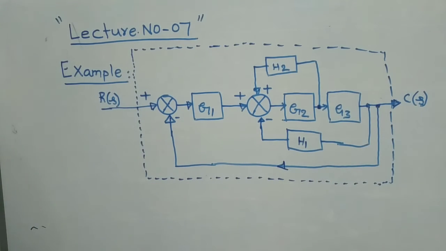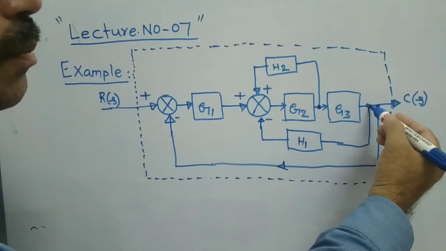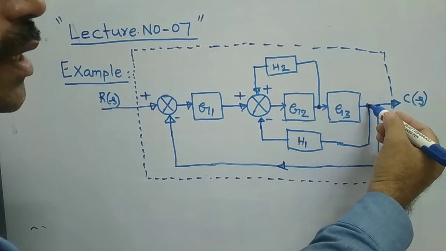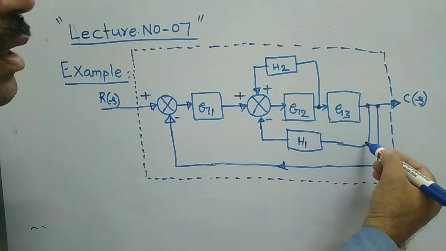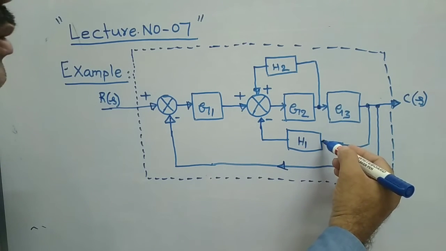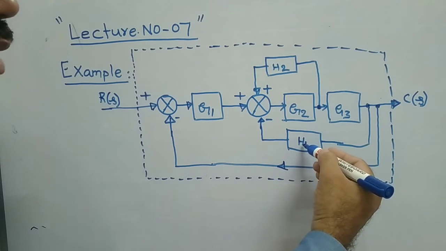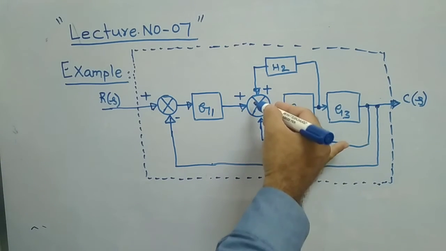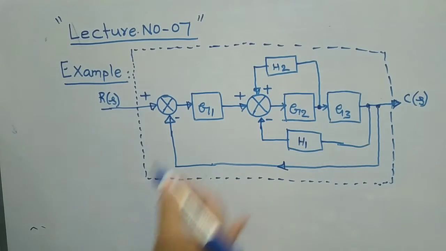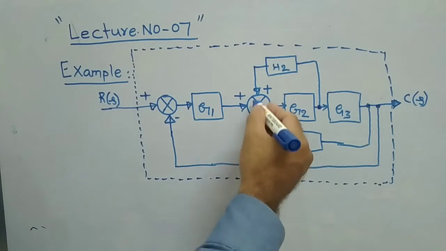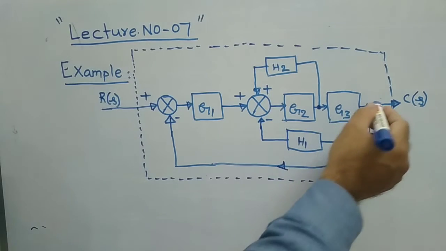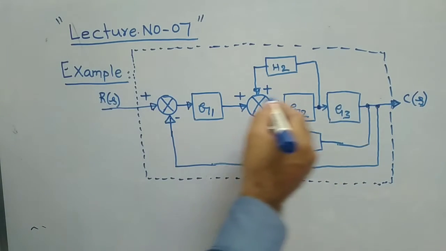Secondly, a portion of output is given back as feedback through the gain H1 to this summer point with negative sign, means it is a negative feedback loop.